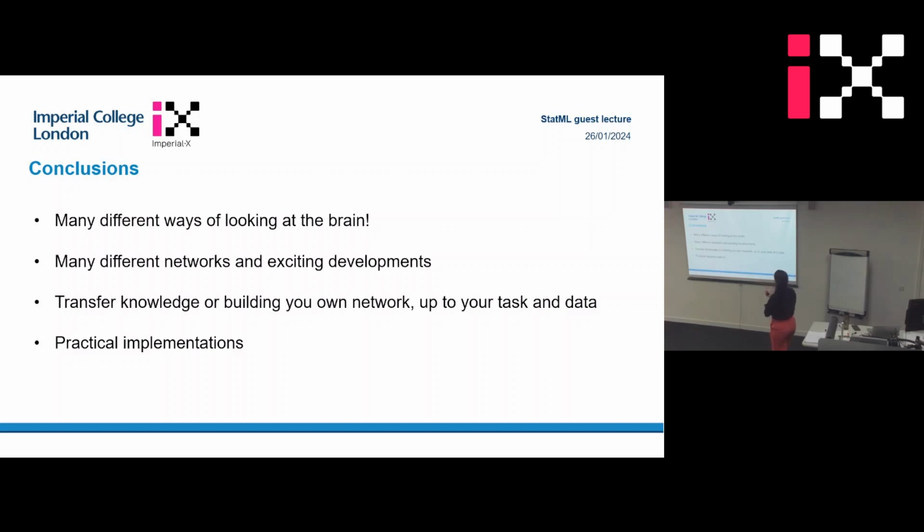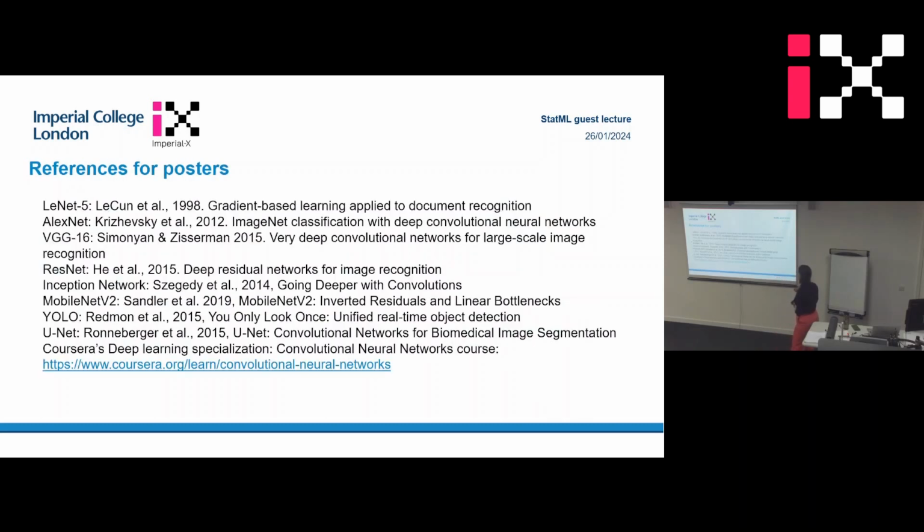And then on the second part, you can either choose to build your own network or do transfer learning. It's really up to your task and what data you have. And also we looked at some practical implementation of how you do computer vision at this very low level, when you want to do simple stuff. So yeah, that was all.